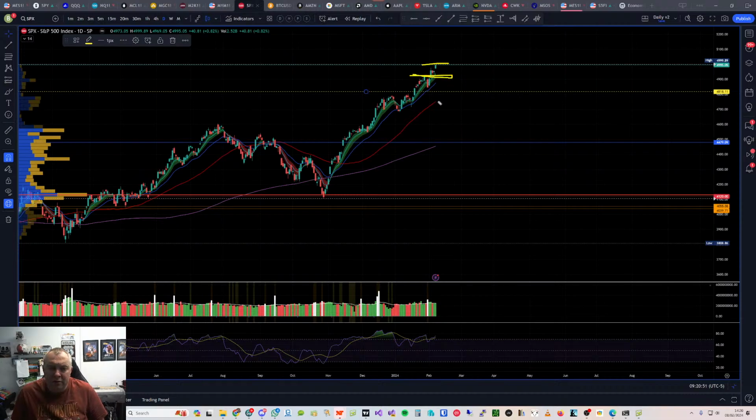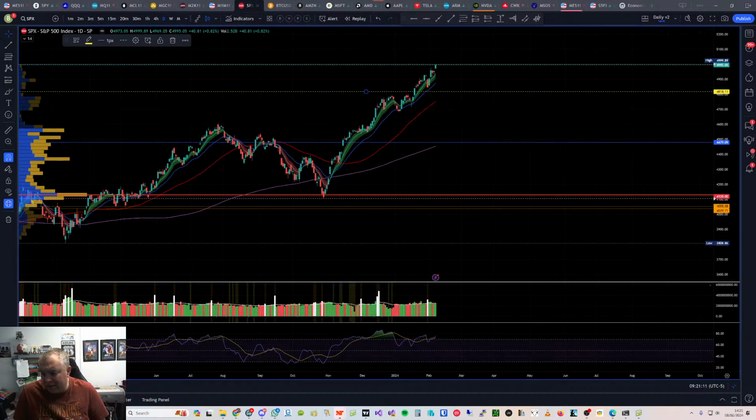We can watch for a bounce around about that area, which is at 49.20. Or, you know, we've yet to break the 20 really. This 20 moving average since November, before we moved above it.